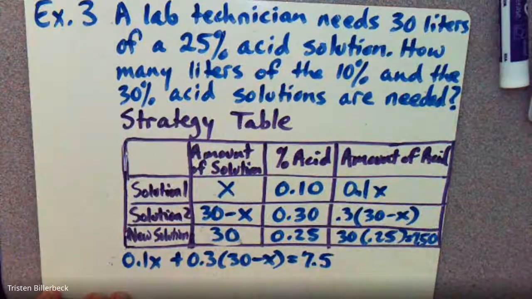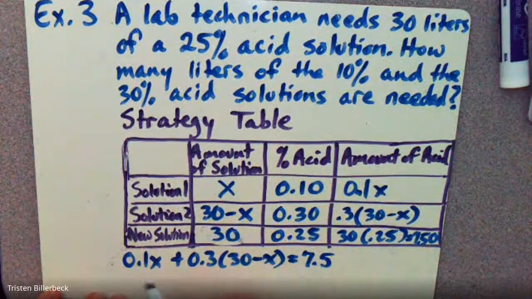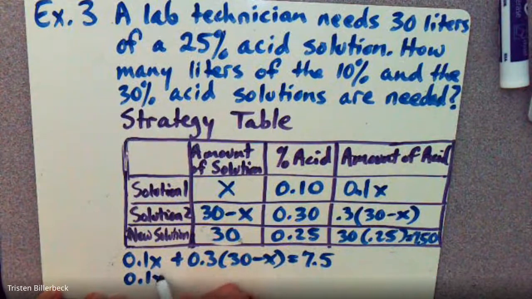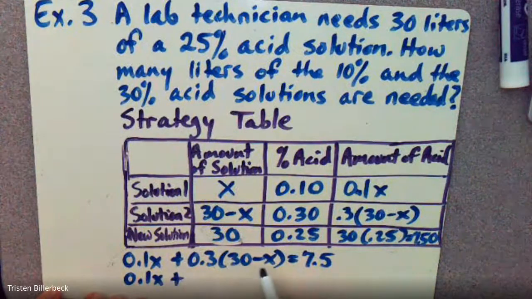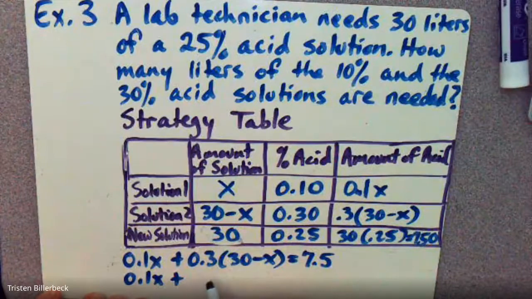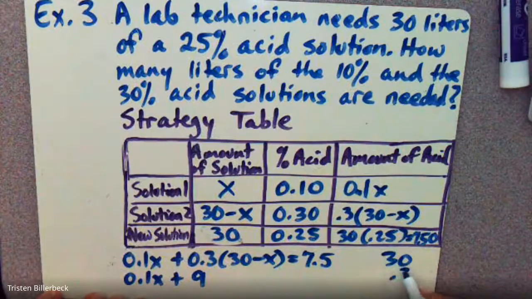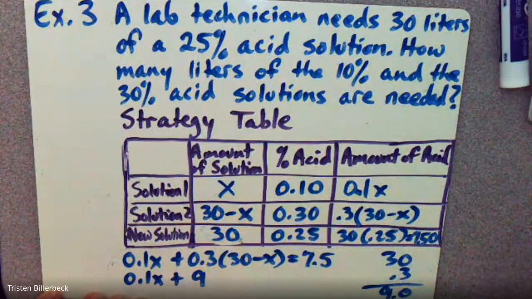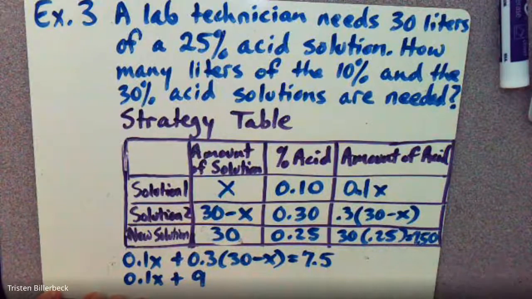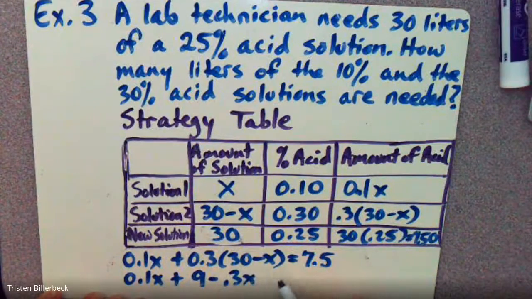All right, so now we distribute here. So we have 0.1x plus, and then 0.3 times that is going to be 9. Let's do that on our dry erase calculator really fast. So we had 9 and 1 decimal over. Okay, so just in case you missed that. And then minus 0.3x equals 7.5.